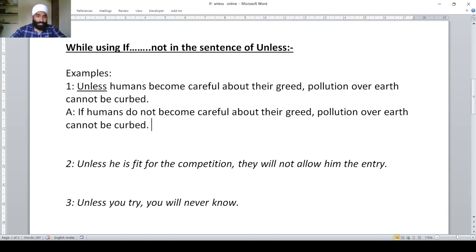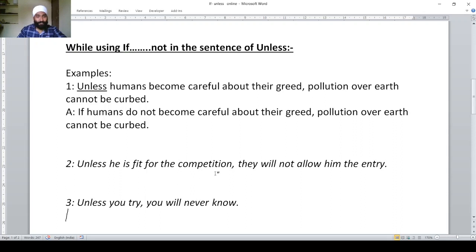If humans do not become careful about their greed, pollution over earth cannot be curbed. So both these sentences have the same meaning, just the conjunctions are different. So if you are removing unless, you have to use if not. Let us see the next example.